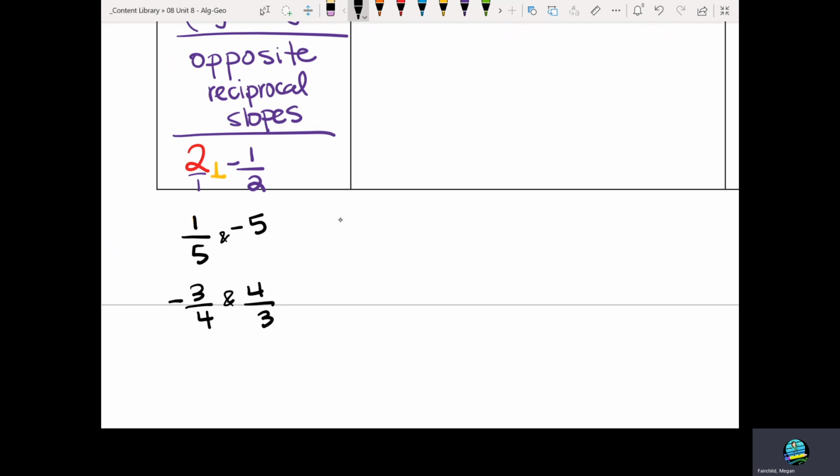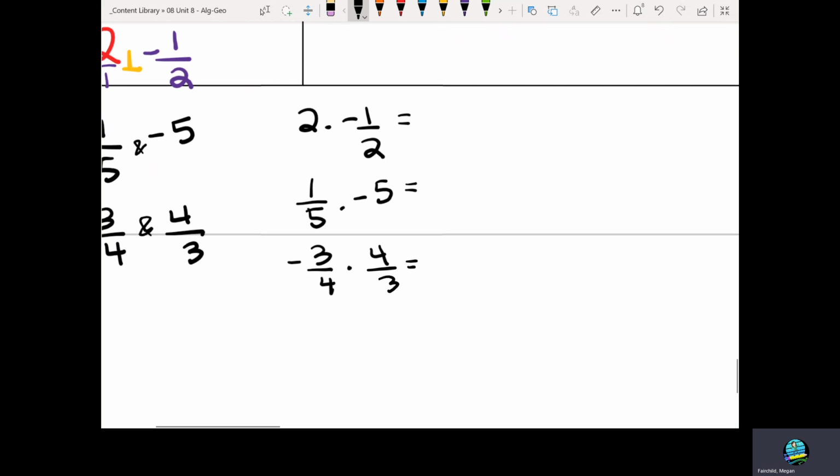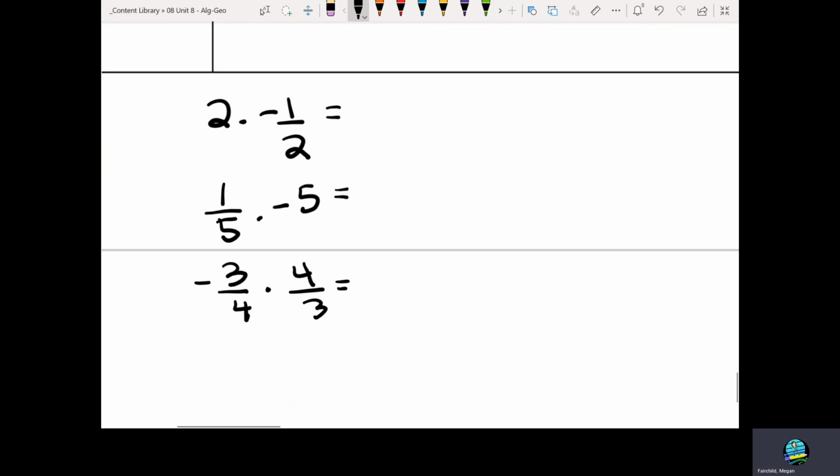All right, now I want you to do the following. I want you to multiply 2 times -1/2 and 1/5 times -5 and -3/4 times 4/3. Go ahead and multiply all those. See what you get. Top times top, right?